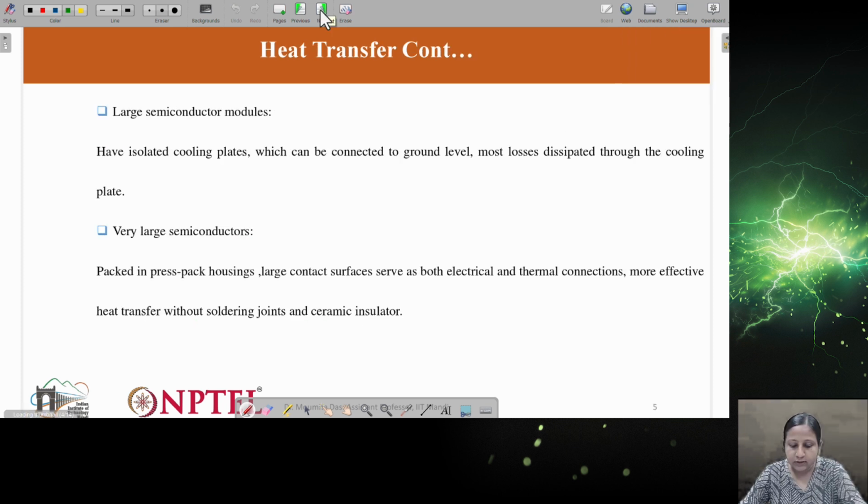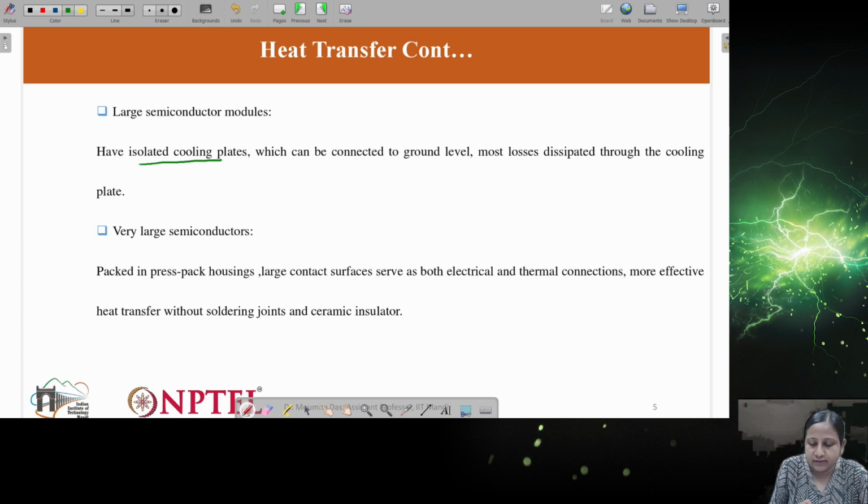If there are large semiconductor modules, which I have already discussed as power modules, then what can we do? We can connect isolated cooling plates, which can be connected to ground level, and most losses are dissipated through the cooling plate.